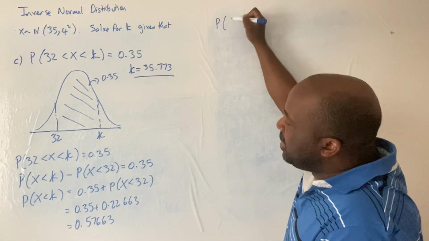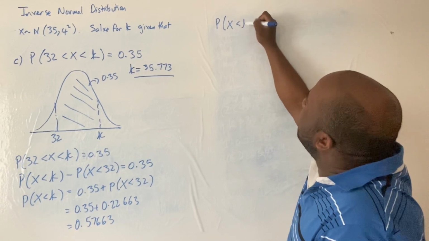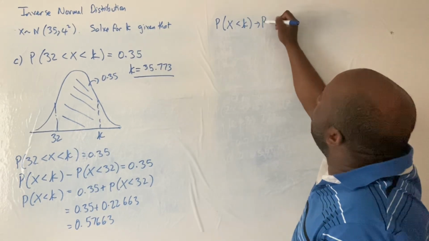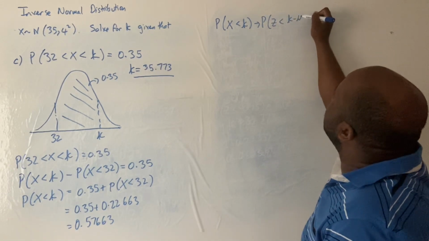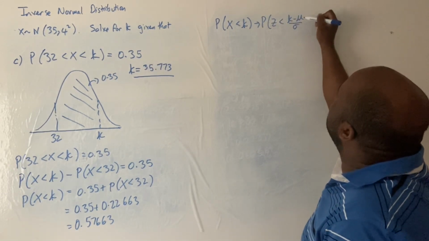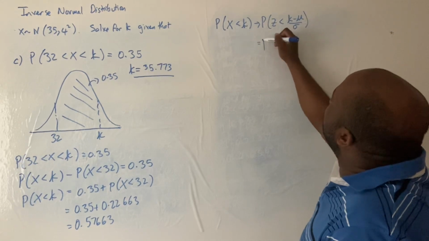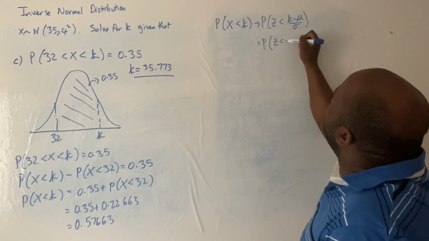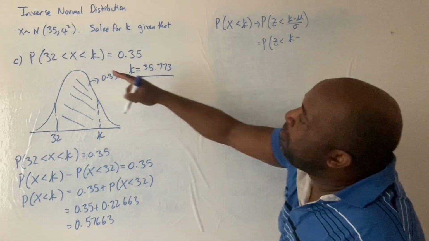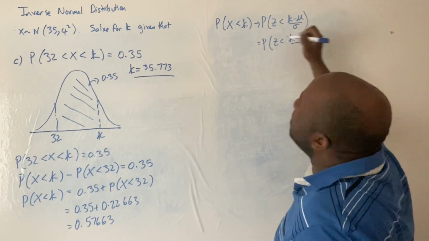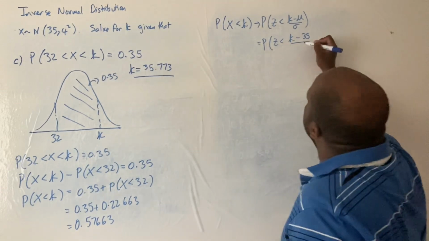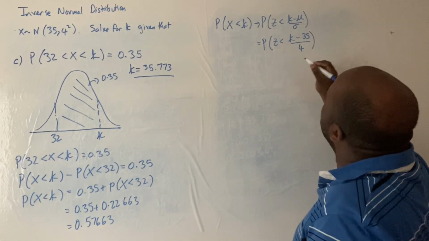The probability that X is less than k now becomes the probability that Z is less than k minus mu over sigma, which is the probability that Z is smaller than k minus 35 over 4, where 35 is the mean and 4 is the standard deviation.